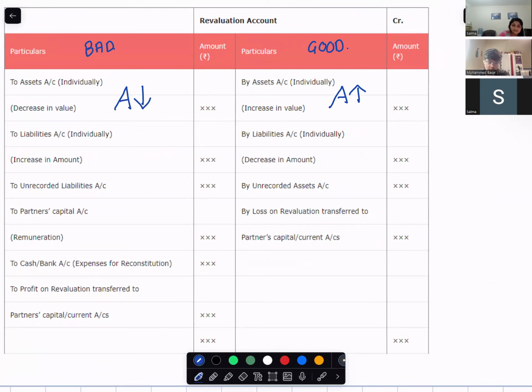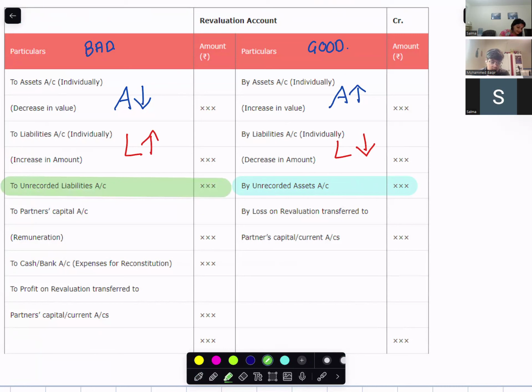Liability increasing is a bad thing. Liability decreasing is a good thing. Unrecorded assets are a good thing. Unrecorded liability is a bad thing.